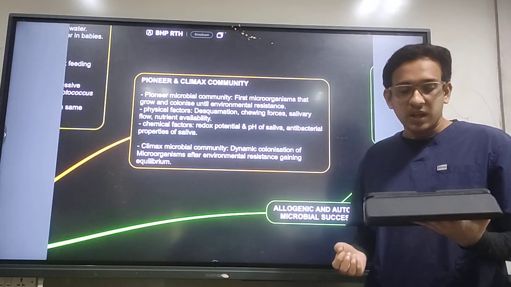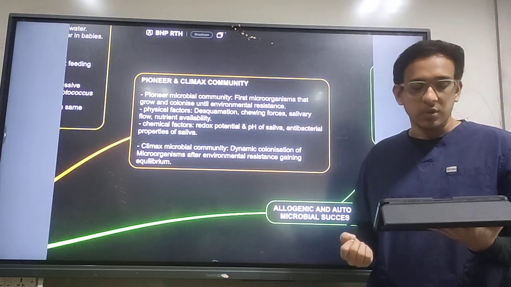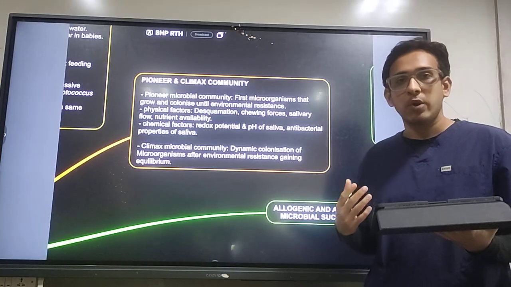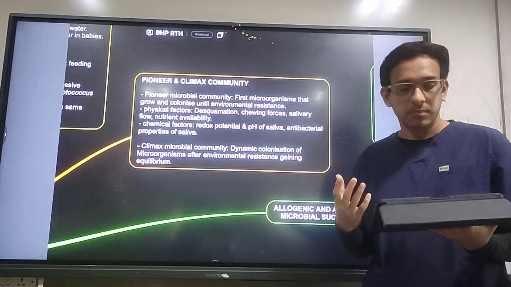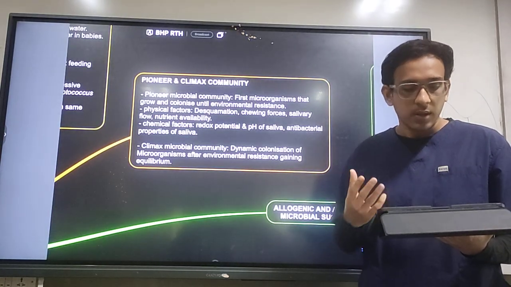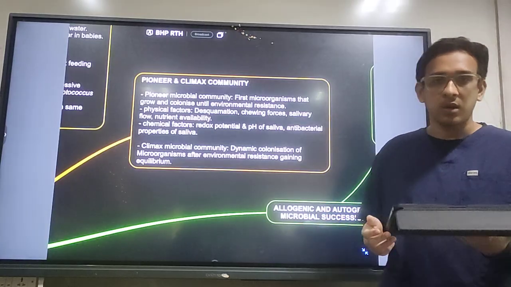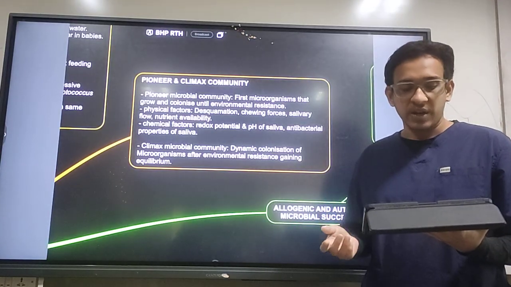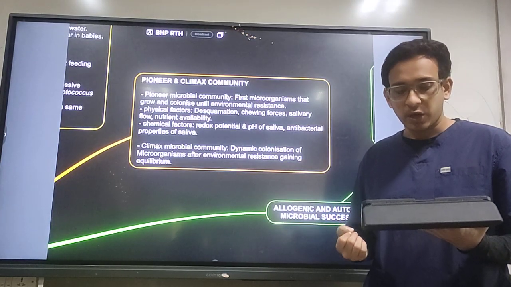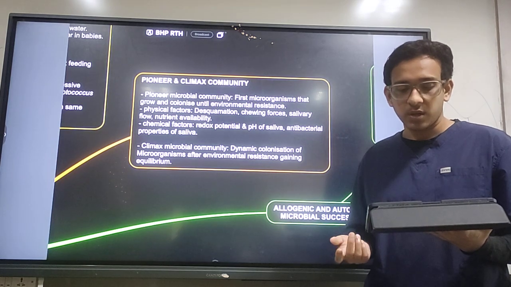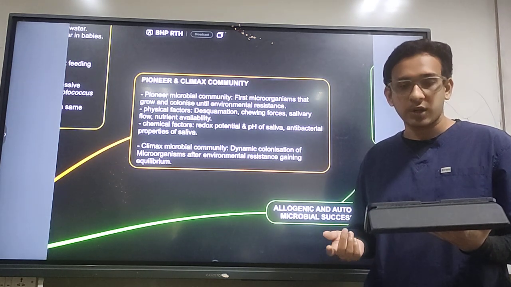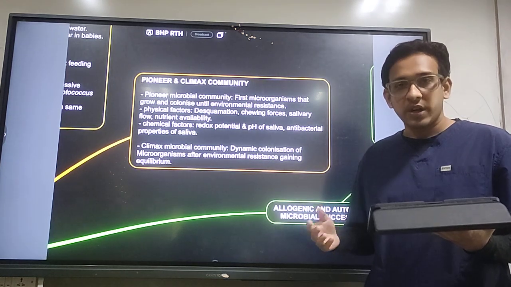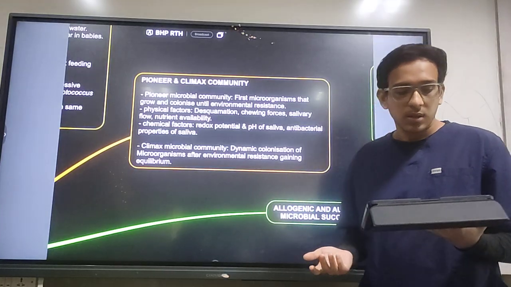Pioneer community and climax community. This describes the oral microbial growth which can be seen in the oral cavity of individuals. The pioneer microbial community is the first microorganisms that grow and colonize until the development of environmental resistance.